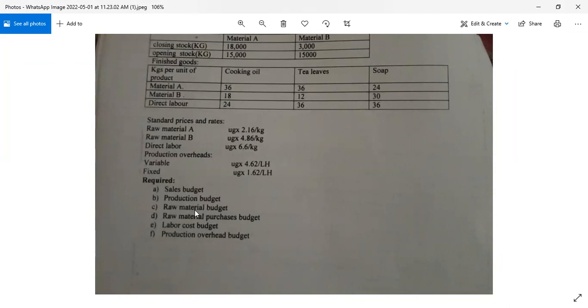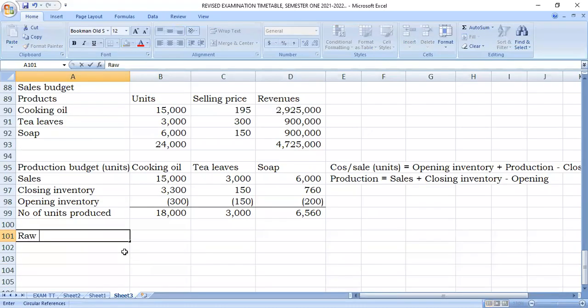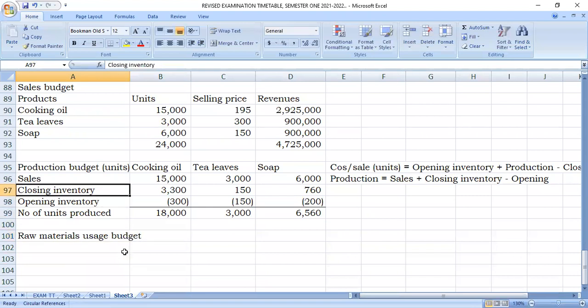Okay, and I'm telling you, this is raw materials usage budget, what you call utilization, units used. So we can go to that and see how we can come about it. Raw materials usage budget. Okay. How many units did you use to produce this?